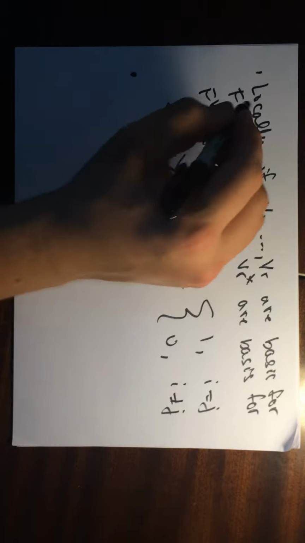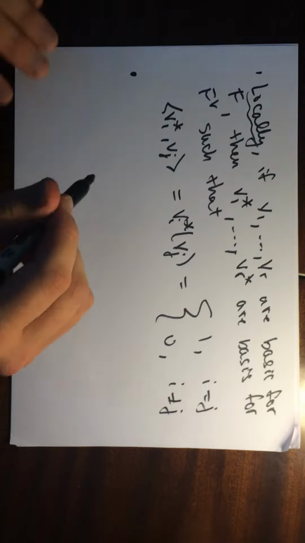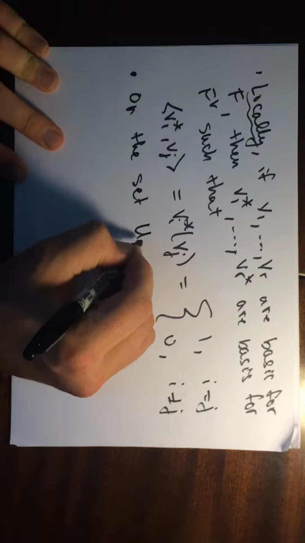Okay, now we need to make sense of what locally means, and by this we mean on the set U_i, where we fix this cover like we did before.